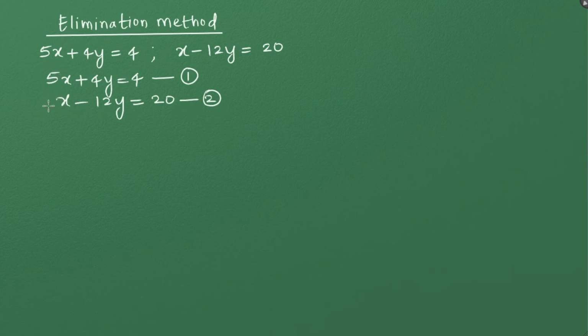So what we will have to do is we will multiply equation 1 by the coefficient of x in the second equation, that is 1. So you will multiply equation 1 by 1 and you will multiply equation 2 by the coefficient of x in the first equation, and that is 5.